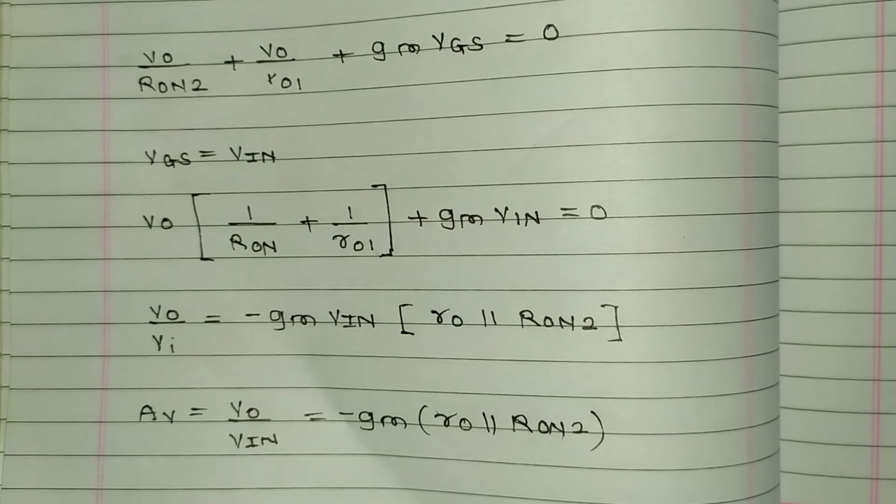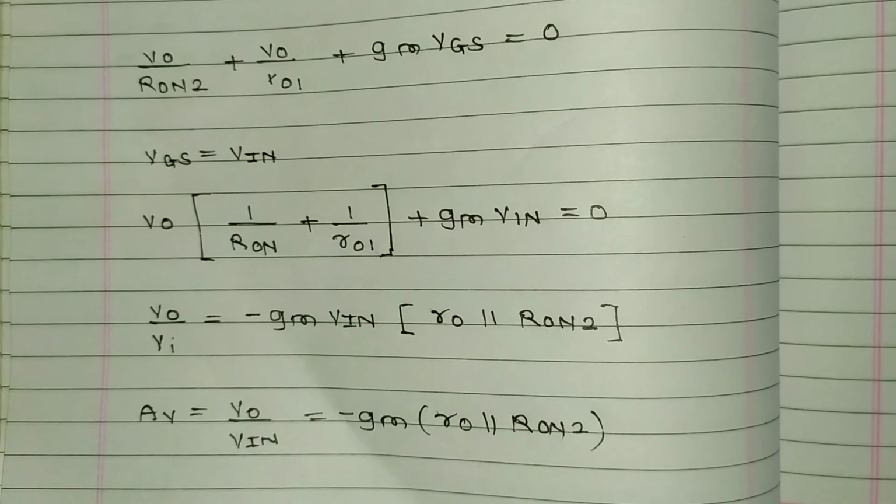Here GM V in is taken on the right hand side, so its sign is minus now, and 1 upon R12 plus 1 upon R01 are resistors in parallel, so they are written as R0 parallel to R12.